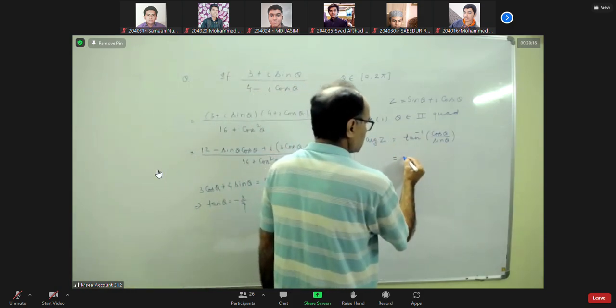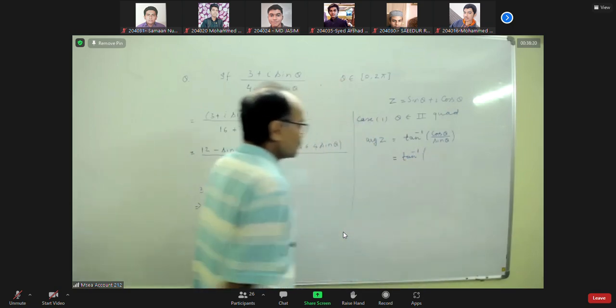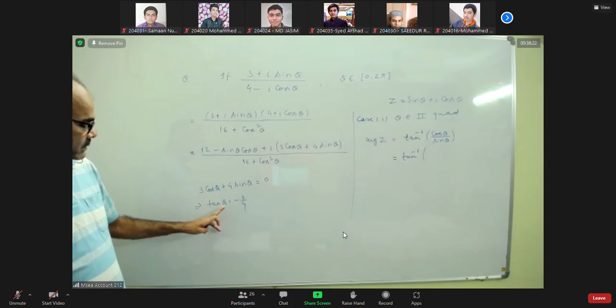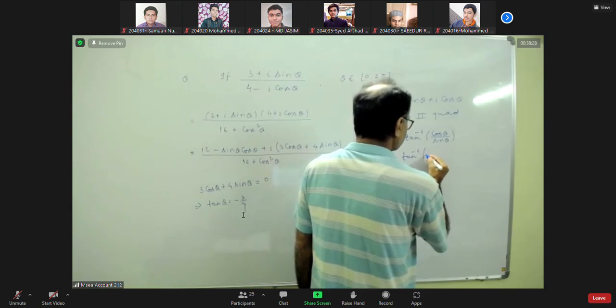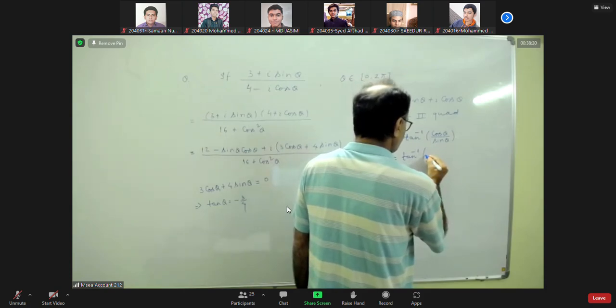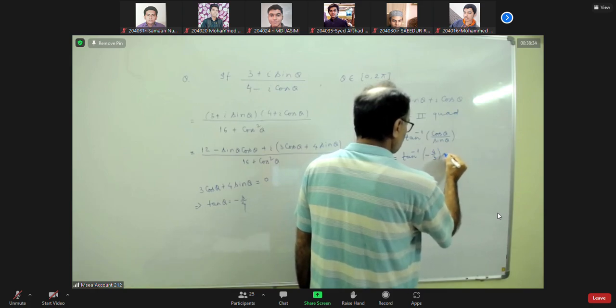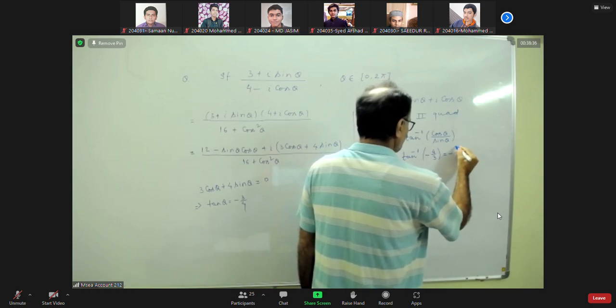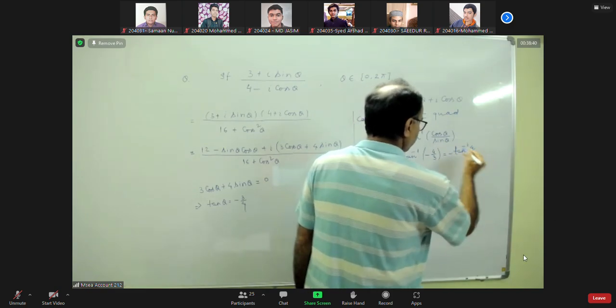So tan inverse cot theta. Cot theta is minus 4 by 3. That is nothing but minus tan inverse 4 by 3.